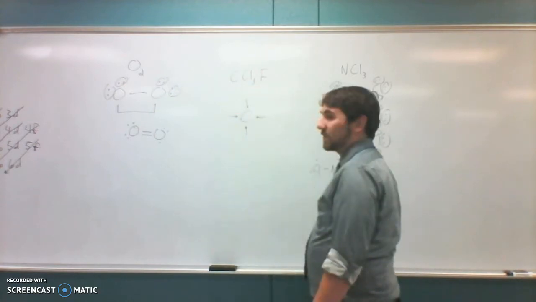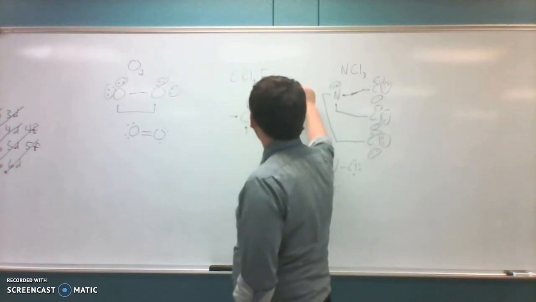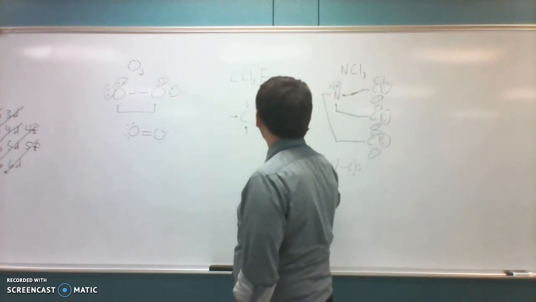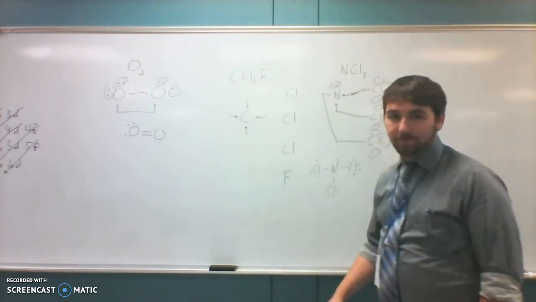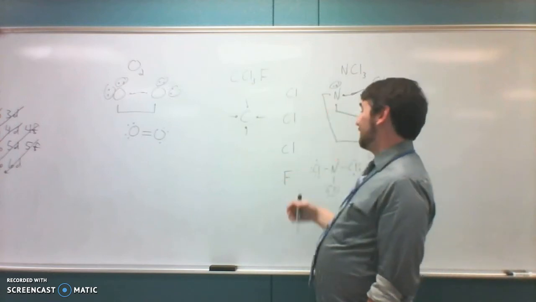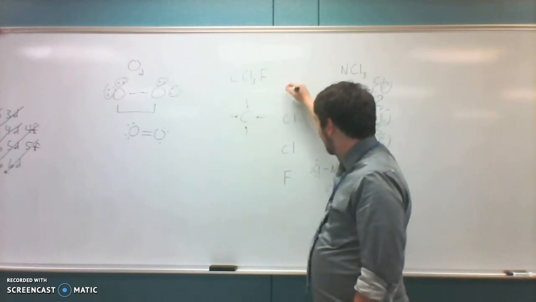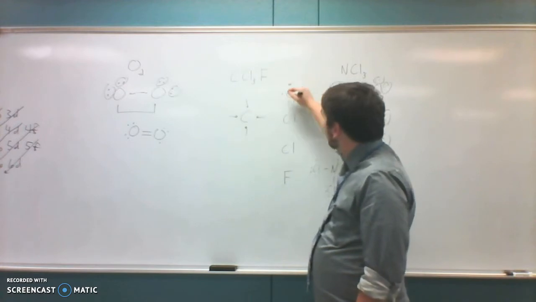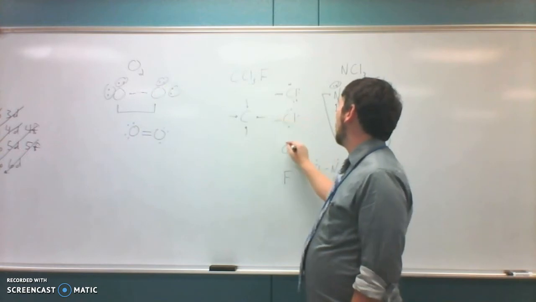All right, so carbon, once again, 4 covalent bonds. I have 3 chlorines and 1 fluorine. Now my chlorines, once again, we know from before, are going to have 7 outer shell electrons. So each one's going to have 3 pairs of electrons and want 1 bond.